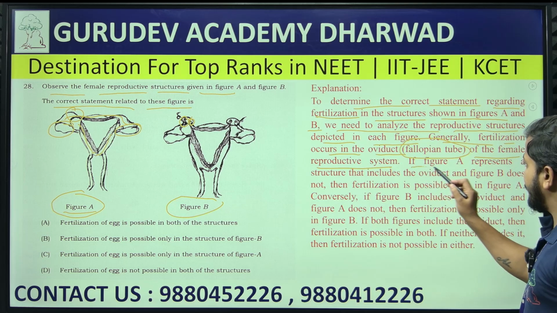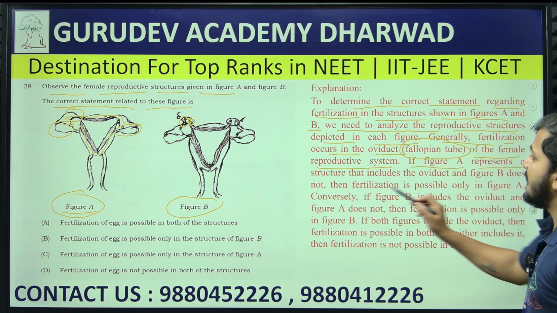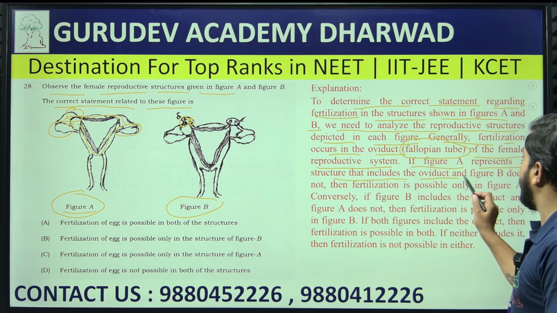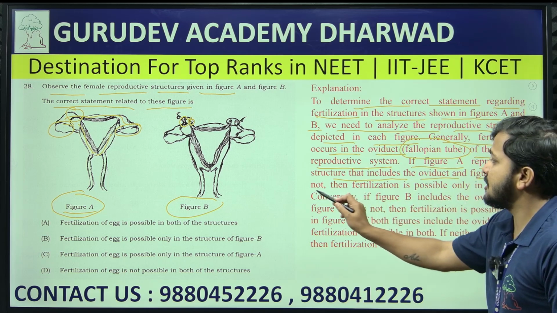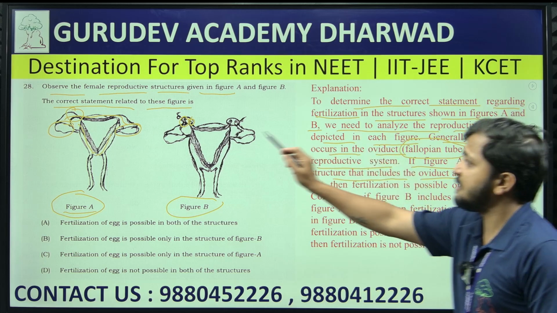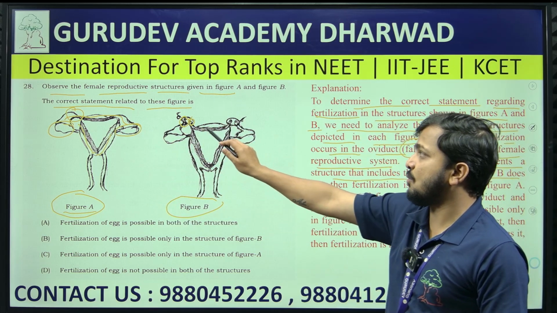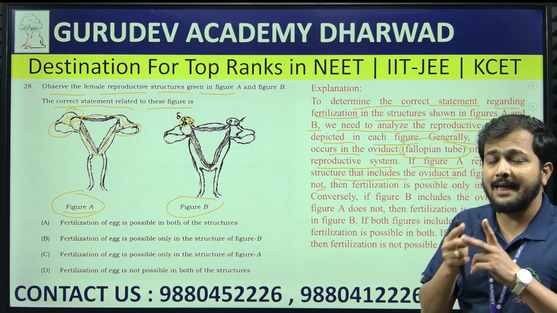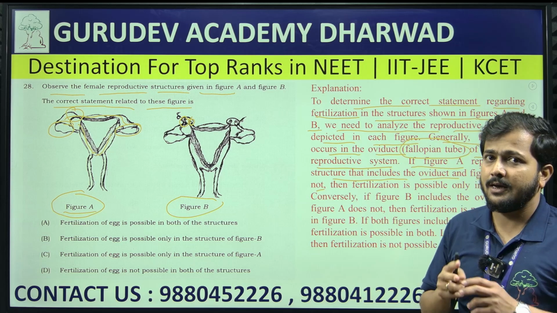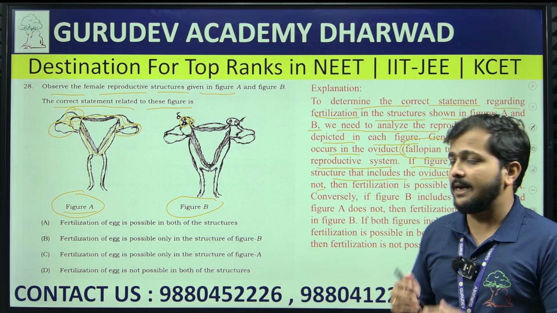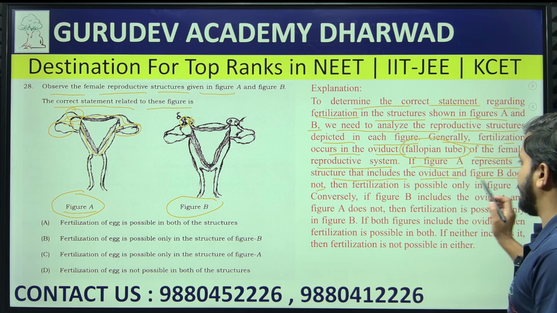With respect to figure A, it represents a structure that includes the oviduct, and figure B does not, right? So the oviduct is present in figure A, but in figure B they have carried out a ligation, or they have cut this fallopian tube, right?